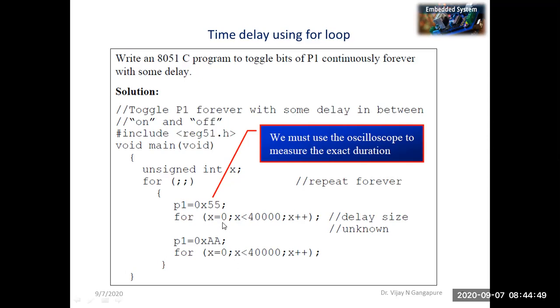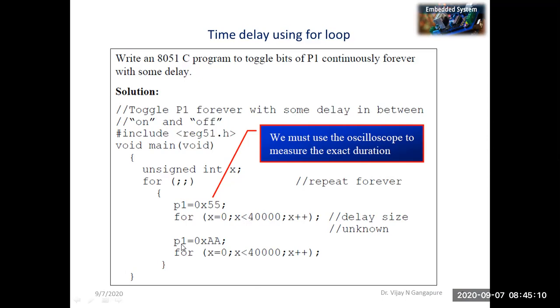So here we are just holding program execution for some time, that is nothing but time delay. For how much time the program execution will be held is right now unknown. So this for statement is generating some unknown delay, delaying execution of the next instruction.